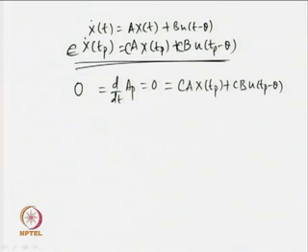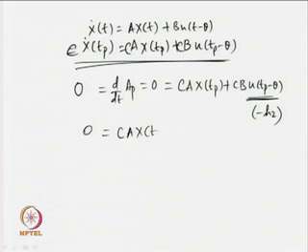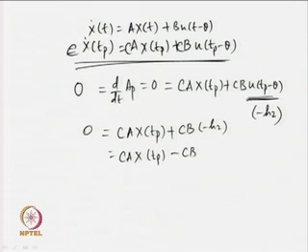Therefore, we have to see that the input to the system at that time is minus h 2. Therefore, I can write this expression, 0 is equal to C A x Tp plus C B times minus h 2, thus giving us C A x Tp minus C B h 2.